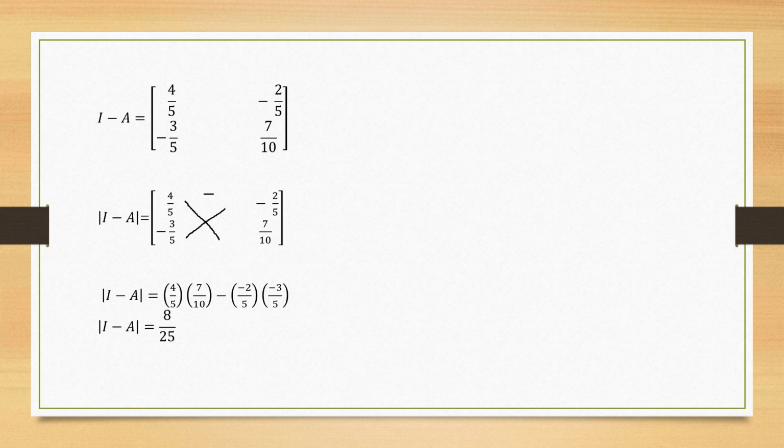After this calculation, the determinant of I minus A is equal to 8 by 25.